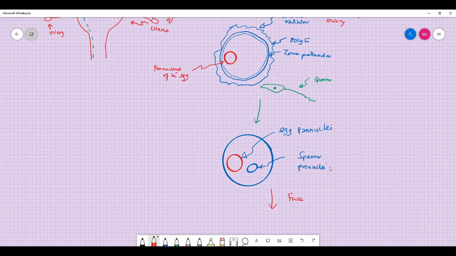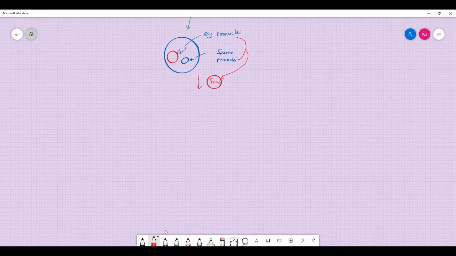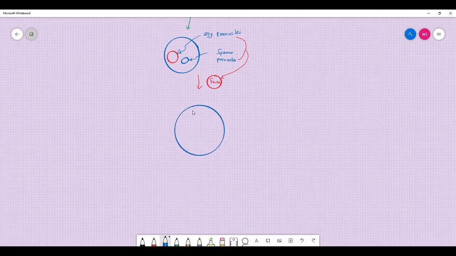The sperm pronuclei and the egg pronuclei will fuse. That's the next event. Let's try to depict it again below. So these fuse to form a single nucleus. This we call the zygote.